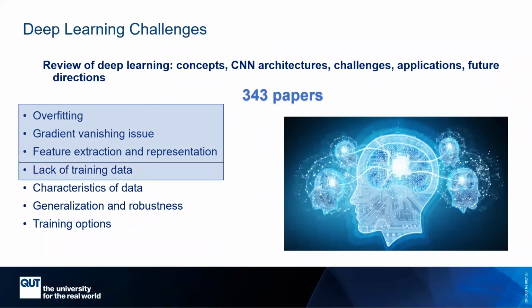The second is the lack of training data for medical images. The third is how to deal with different characteristics of the data, the robustness and generalization, and how to set up the training options, like which type of optimizer or learning rate or activation function to use.